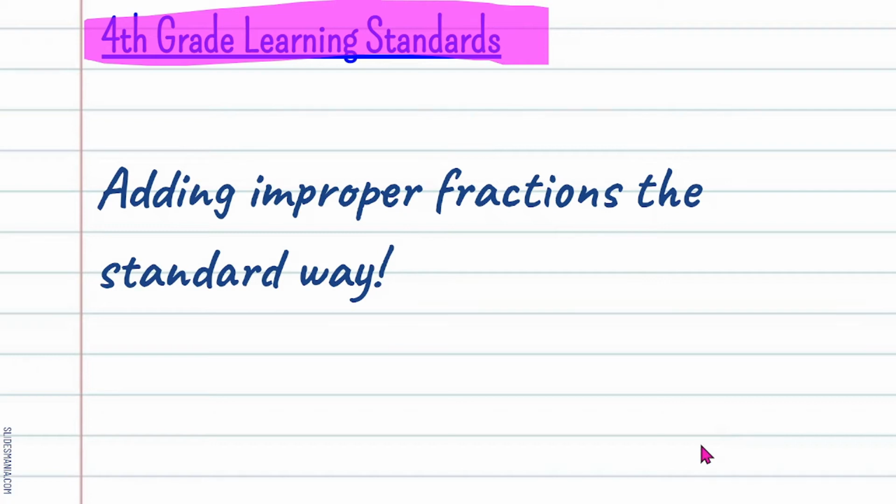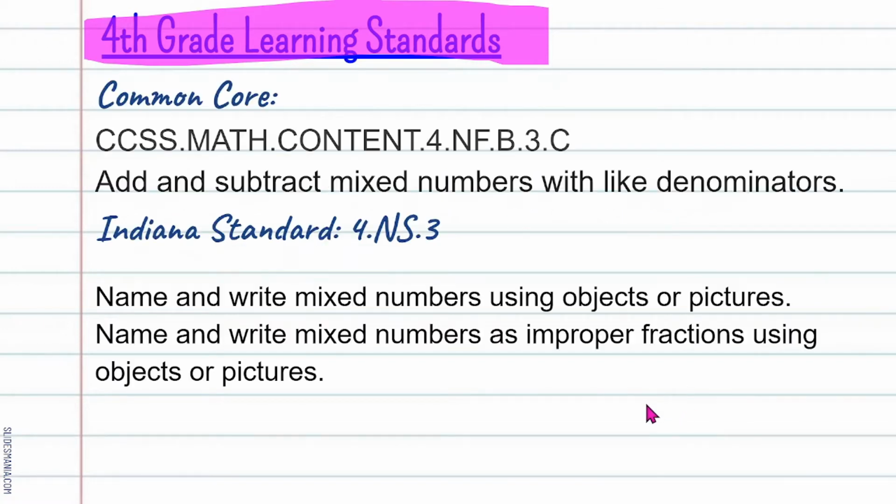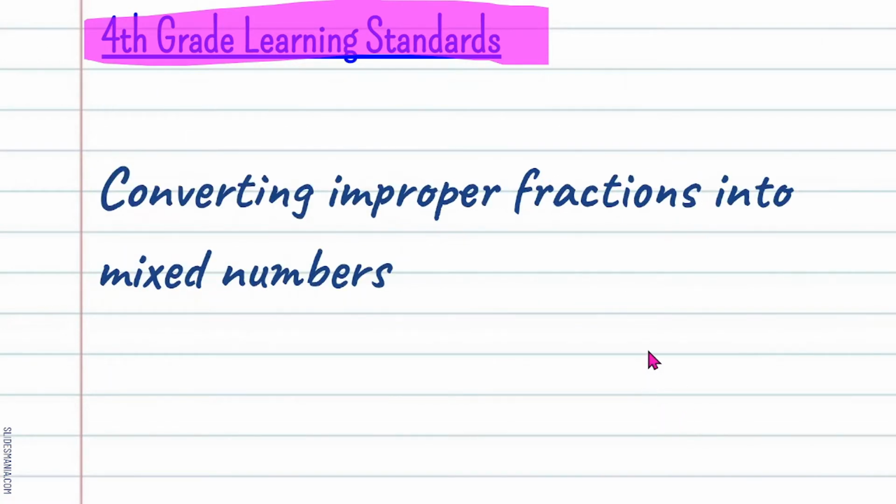This video is going to be our adding improper fractions using the standard way practice problems video. If you missed the teaching video, it is in the description below. Check it out. Also in the description, you will find everything we have covered for 4th grade fractions and 4th grade mixed numbers.